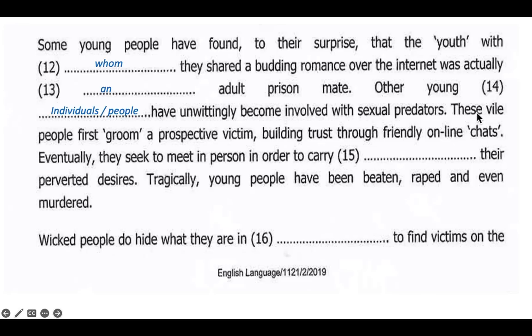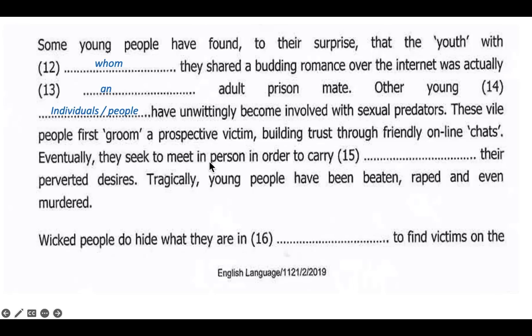Then, these vile people first groom a prospective victim, building trust through friendly online chats. Eventually they seek to meet in person in order to carry out their perverted desires.